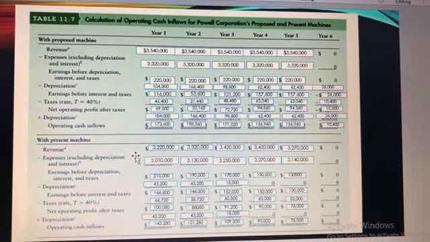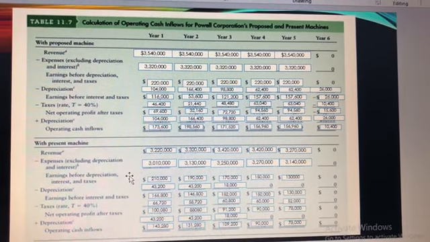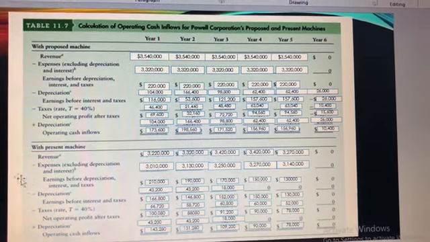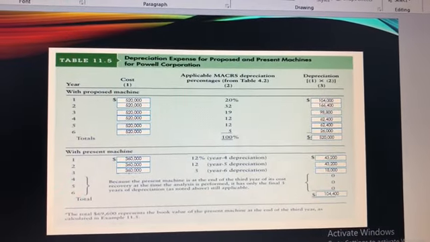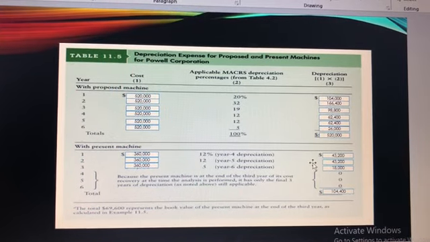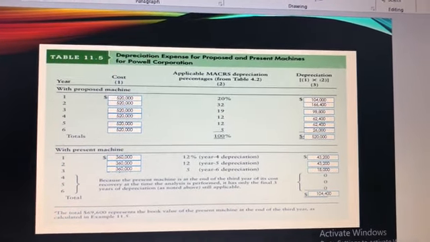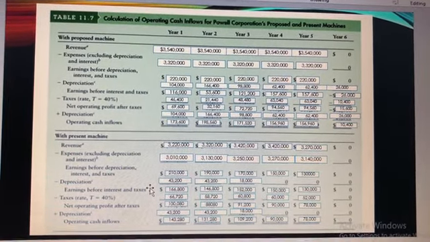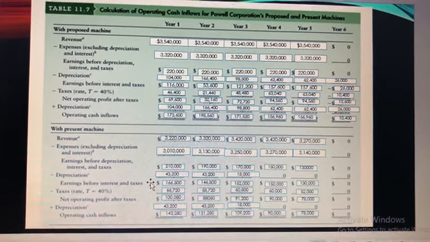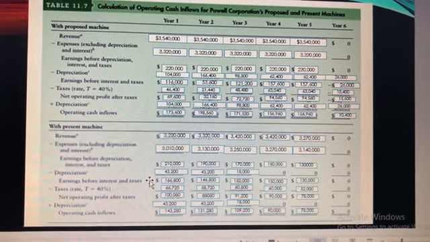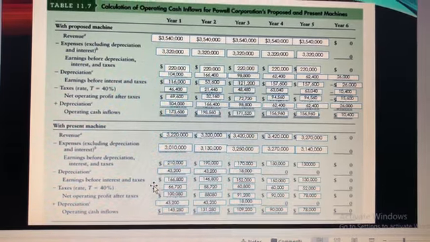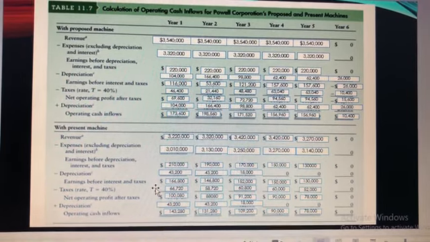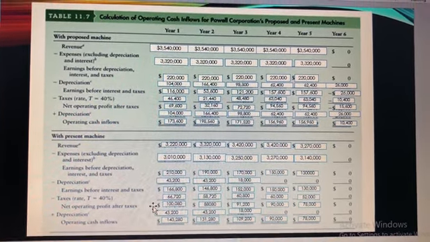So after we minus these two, we're gonna get our earnings before depreciation, interest, and tax, which is going to be 210,000, and we're gonna minus our depreciation, which is found in table 11.5, which is 43,200. After we minus our depreciation, we're going to get earnings before interest and taxes, which is going to be 166,800, and we're gonna minus our 40% tax, which is 66,720, and that's gonna give us our net operating profit after taxes.